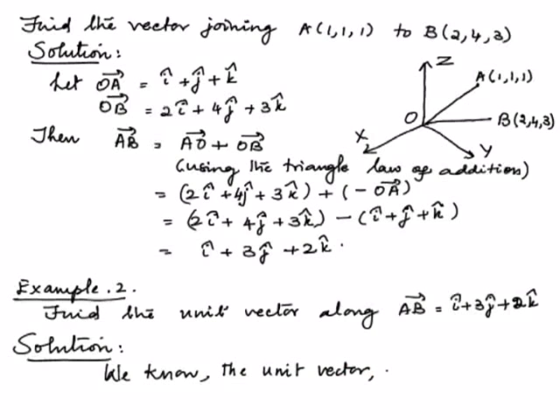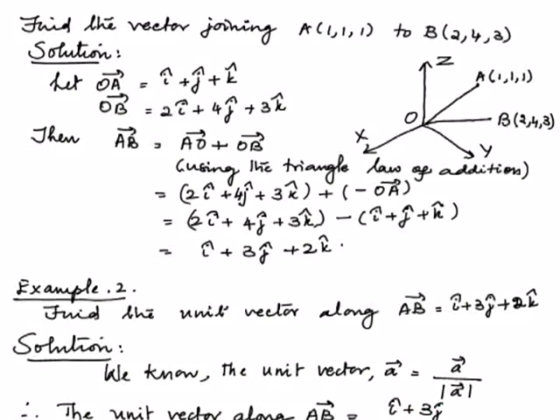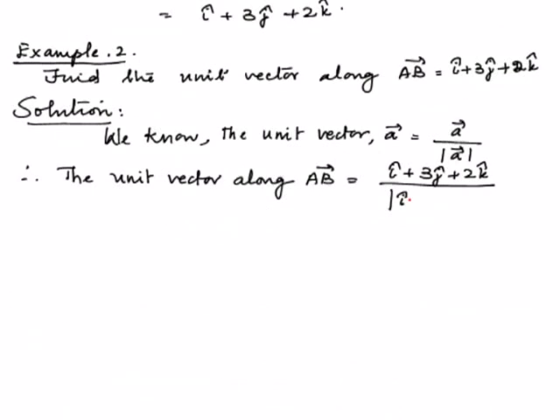So, the unit vector along AB vector is equal to AB vector divided by modulus of AB vector. So, our AB vector is i vector plus 3j vector plus 2k vector divided by square root of 1 square plus 3 square plus 2 square, which is the modulus of i plus 3j plus 2k.